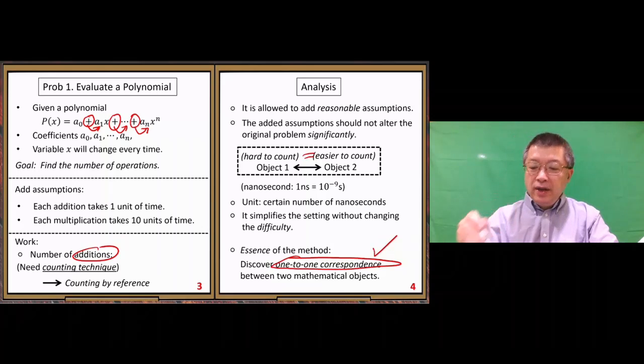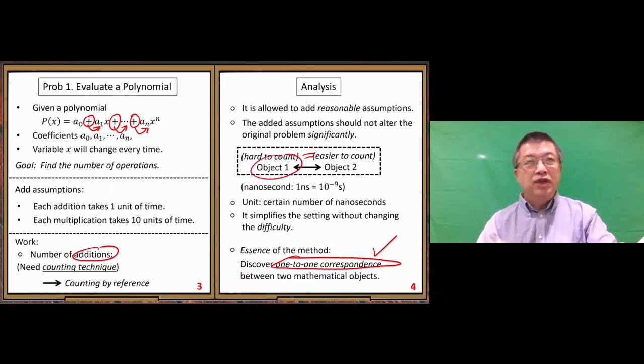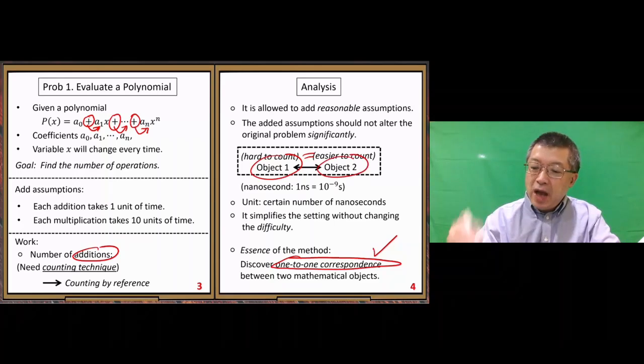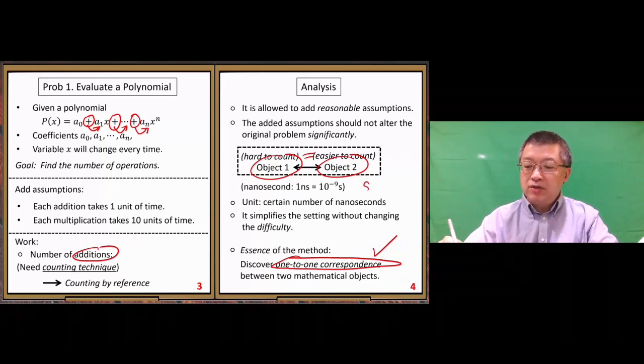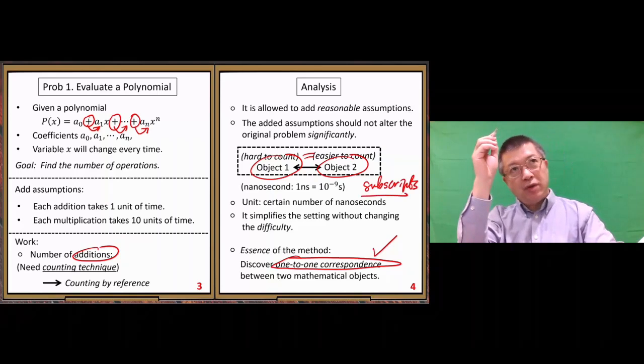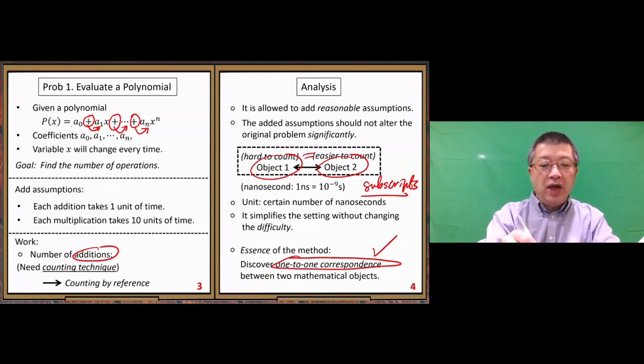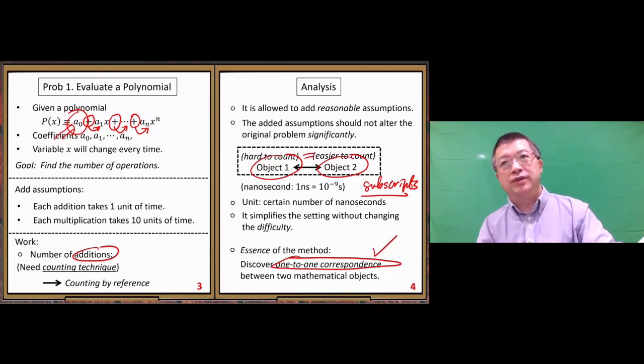Counting the first object's number of elements is not easy, so let's look at the number of elements of the second object: the subscripts. If we count the number of subscripts, excluding A0, because there is no plus sign that corresponds to A0, so we exclude it.